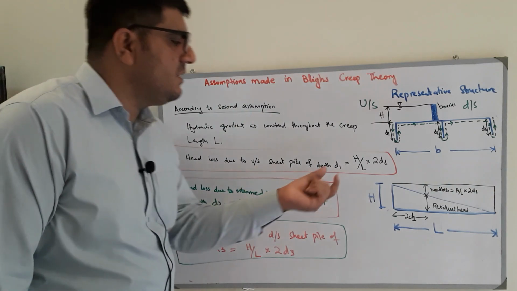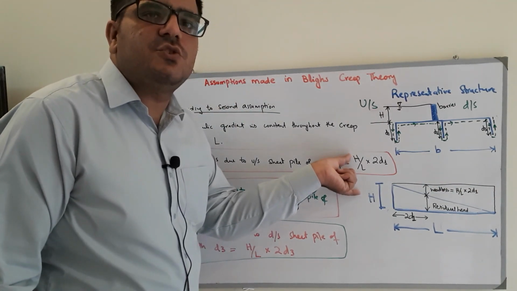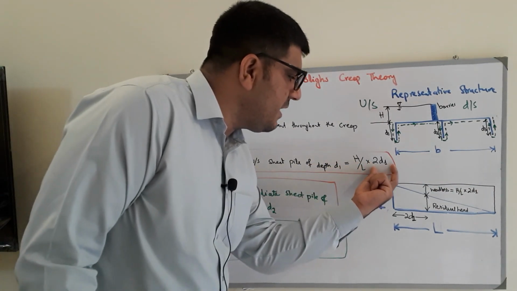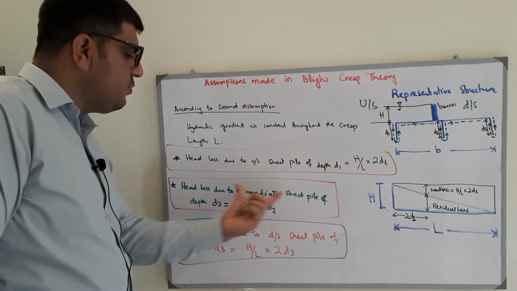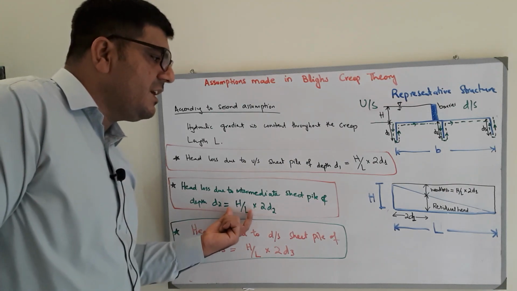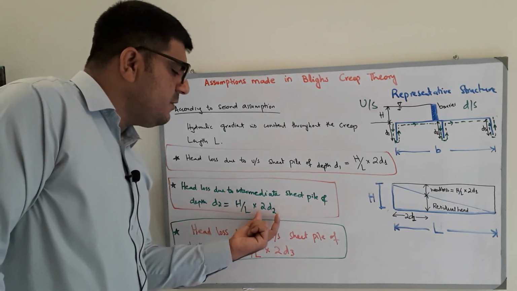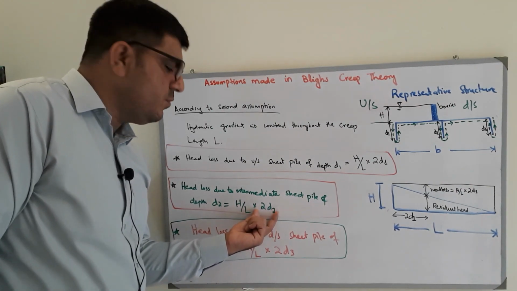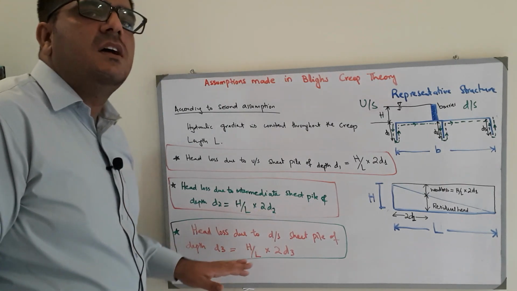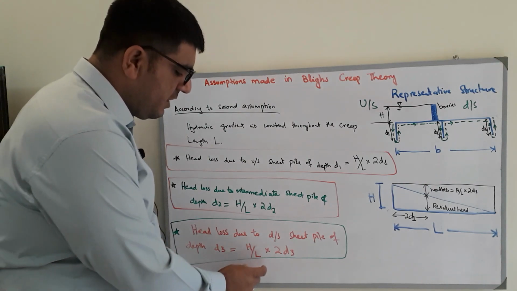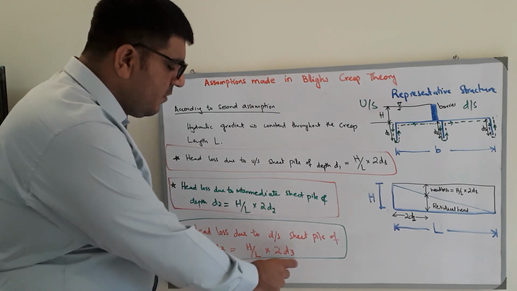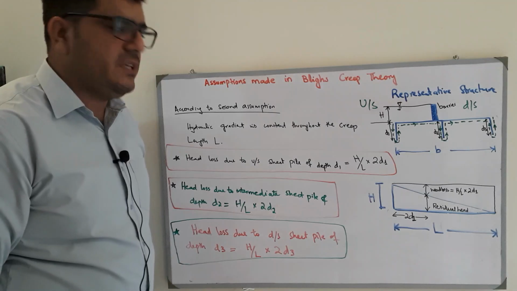Same for the head loss due to the intermediate sheet pile: the hydraulic gradient H over L multiplied by 2D2. And then same for the downstream sheet pile, the head loss can be calculated by multiplying the hydraulic gradient, which is H over L, with 2D3.